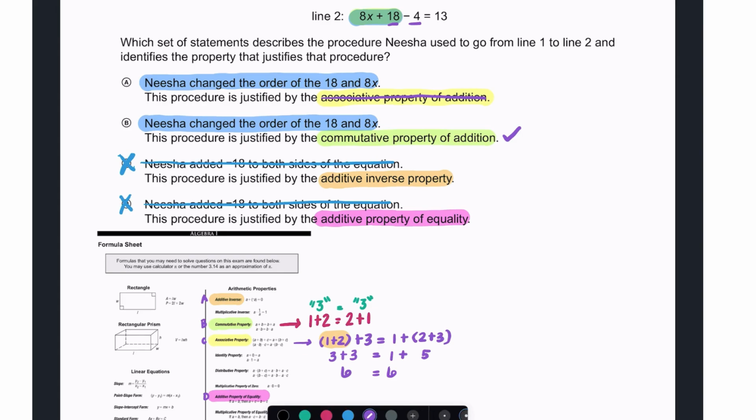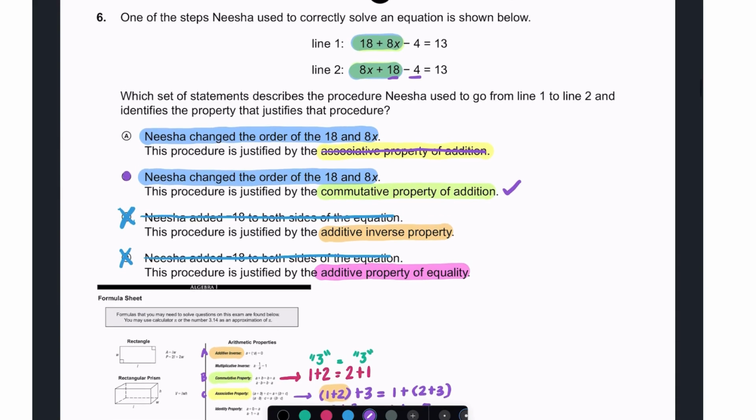You said 18 plus 8x is the same thing as 8x plus 18, so I'm just going to switch them. So our answer here should, in fact, be B.